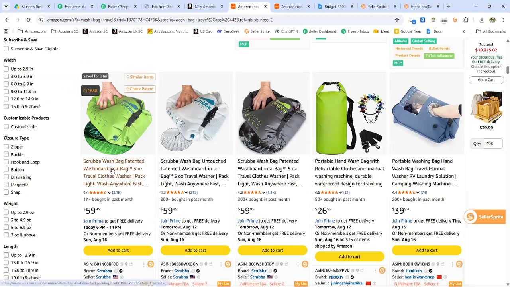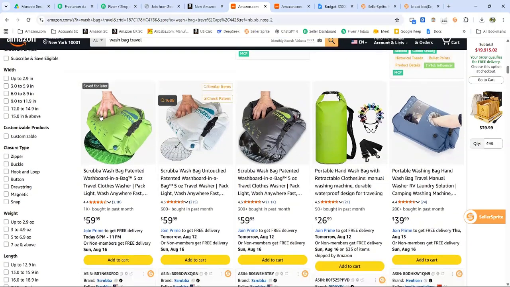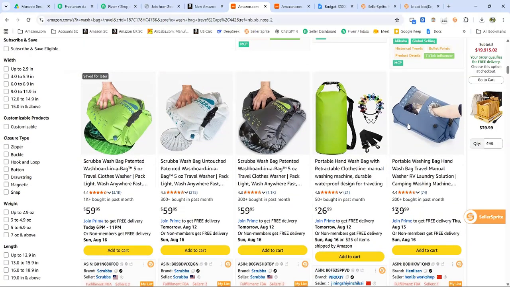As you can see here, Scruba wash bag, patented washboard in a bag, trademark. So it means you cannot sell this design as a new seller. Because this design is protected by this brand, if you copy it, this brand will complain to Amazon, and Amazon will deactivate your listing.